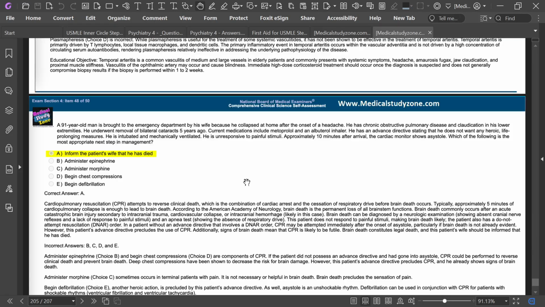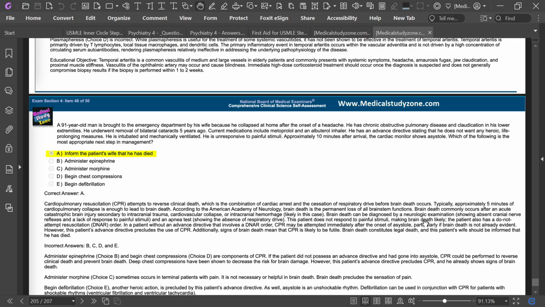Approximately 5 minutes of cardiopulmonary collapse is typically enough to lead to brain death. According to the American Academy of Neurology, brain death is permanent loss of brainstem function. Brain death commonly occurs after an acute catastrophic brain injury secondary to intracranial trauma, cardiovascular collapse, and/or intracranial hemorrhage.